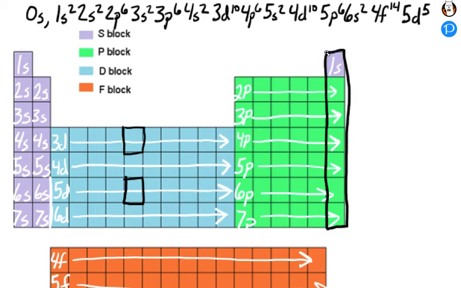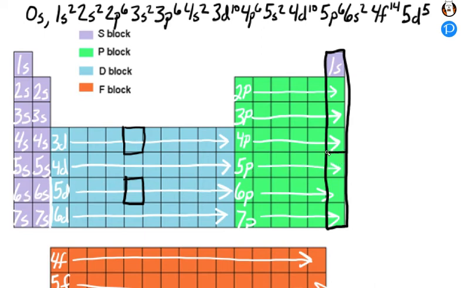And what we can essentially do is pick the closest noble gas that comes before it, and we're going to assume, since we know that this 6s orbital, this 5p orbital, this 4d orbital, all of these orbitals that come before it are full of electrons, I don't really have to keep repeating that pattern and write this whole thing out, since I know up until I get to the 5d orbital here, all of it before it is full. So I'm just going to work my way back to the next nearest noble gas.